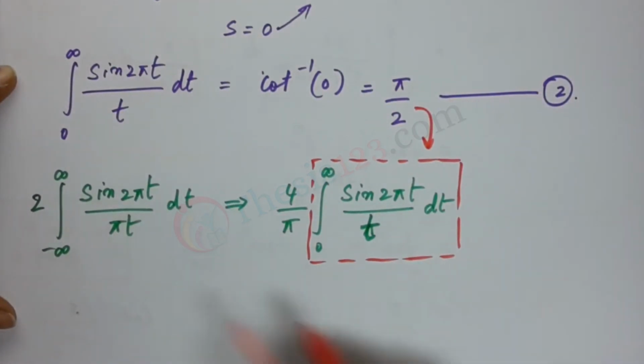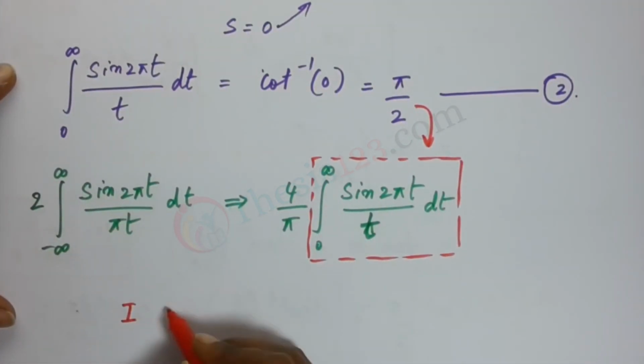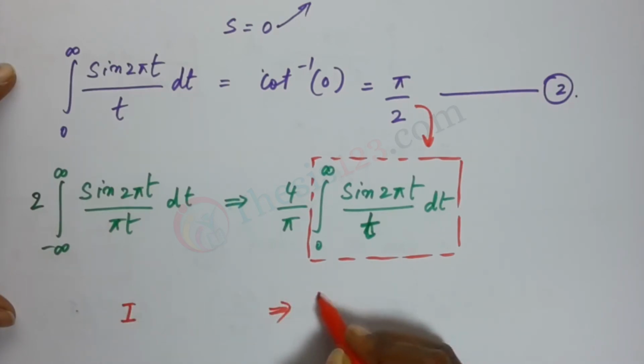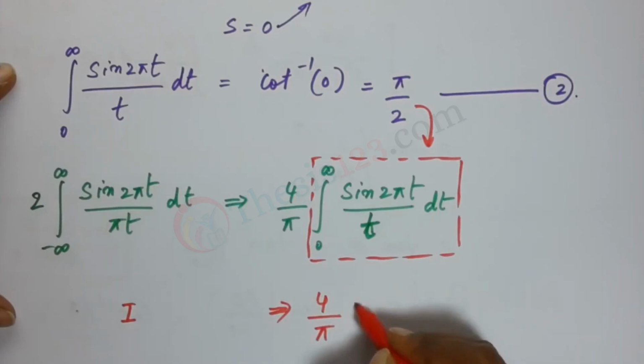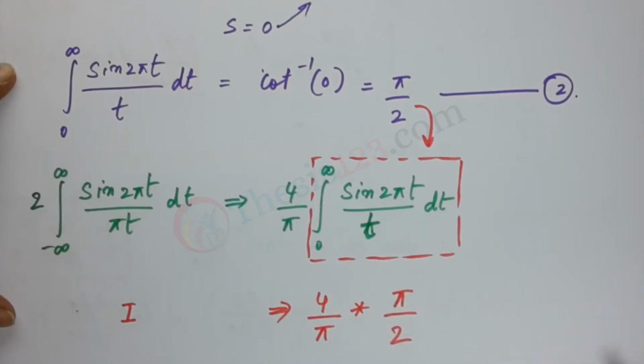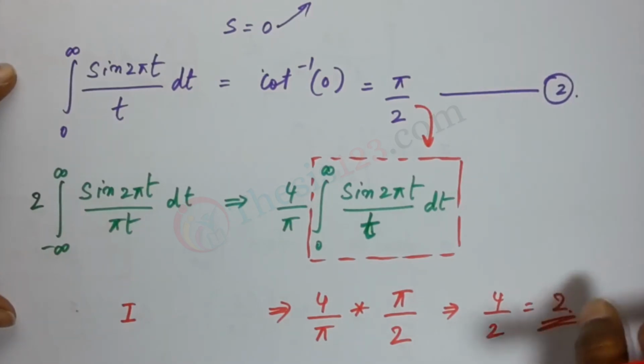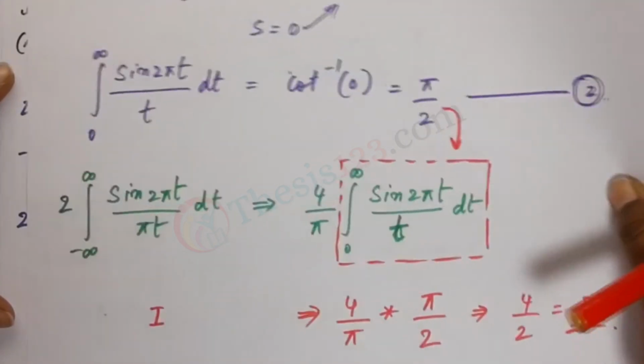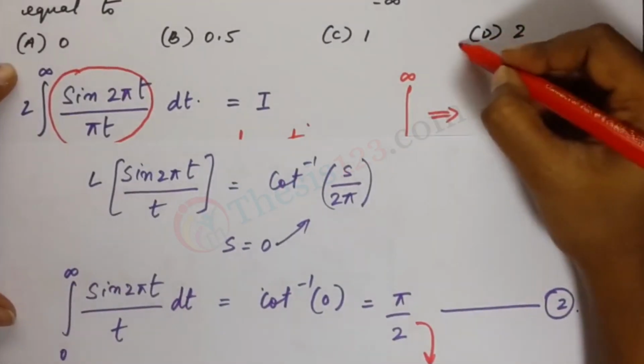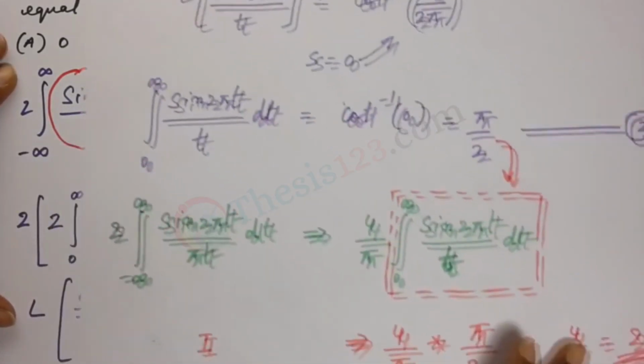So this is I, what we started out with. Here we have now 4 by pi into pi by 2, that comes to 4 by 2, which is 2. Well, here is the final answer. The final answer is 2. I'll just note that down here. That's option number D. Well, I hope this has helped.